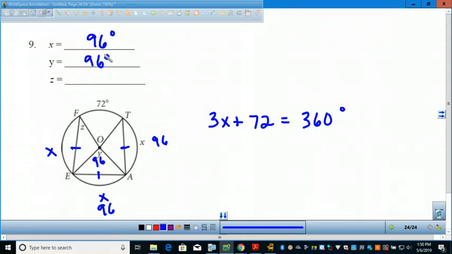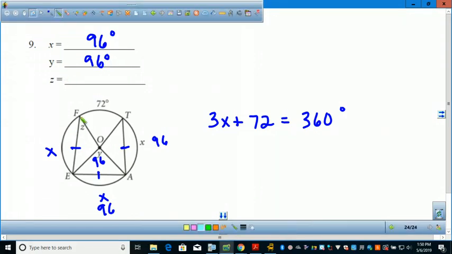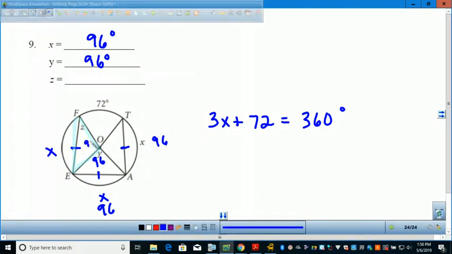Z is a little tougher to see. So what do you notice about this right here? Isn't that a triangle? And isn't the central angle 96? Is this called a radius? Doesn't the radius go from here to here? And this is also a radius. So this makes it an isosceles triangle.